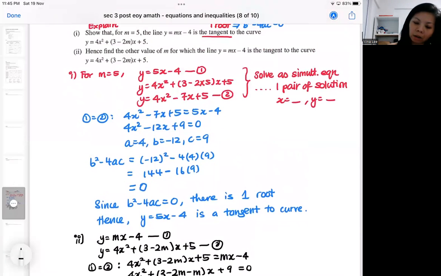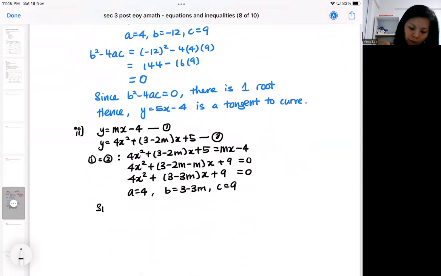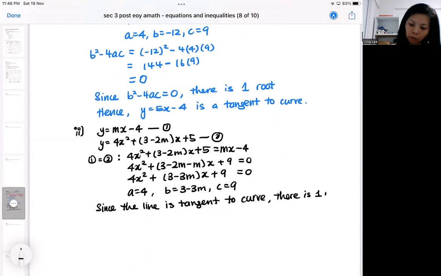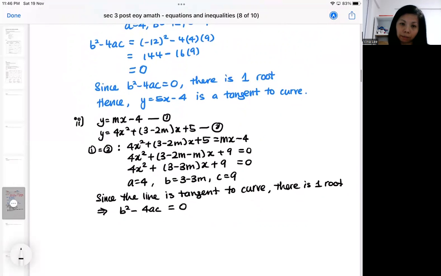We are confirmed that the line is a tangent. So since the line is a tangent, there is only one root, so our discriminant will be equal to 0. So now you're not explaining. You may set the discriminant to 0.